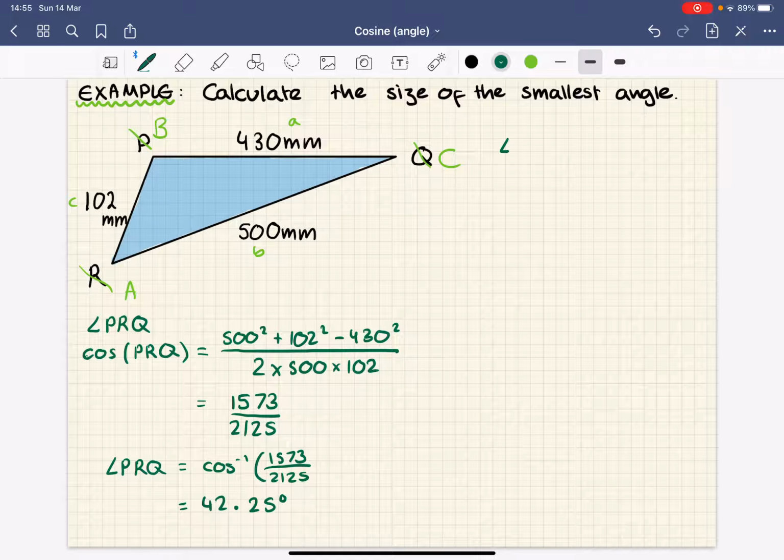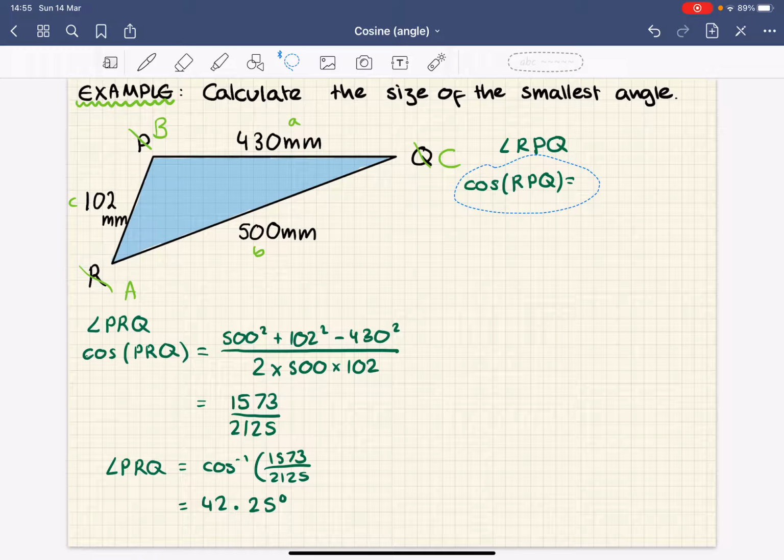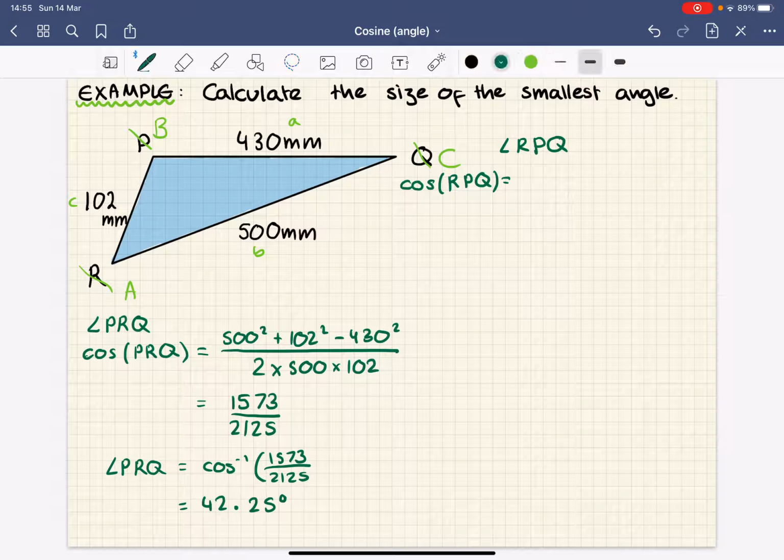If I wanted to find out the RPQ angle, when I do my initial substitution, this is what I have. And I'm just going to do the initial substitution and then the answers, just because you can already see I'm struggling for space.